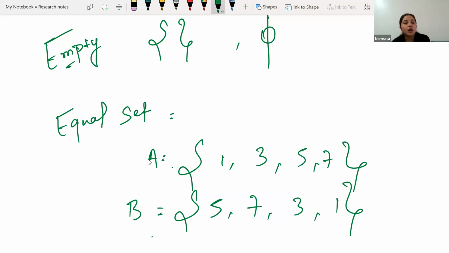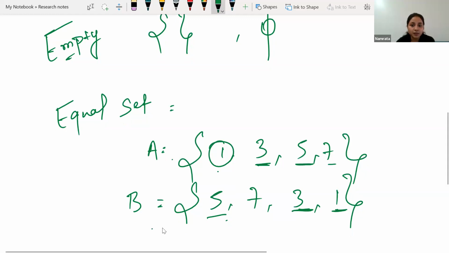We only check whether each element of A is there in set B also or not. If A has an element 3, is set B also having the same element or not? This is how we match. If each and every element of set A is already there in set B, then we can say set A is equal to set B. Again, I would repeat, the arrangement doesn't matter over here.